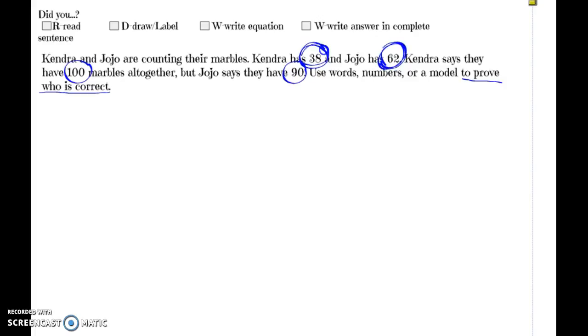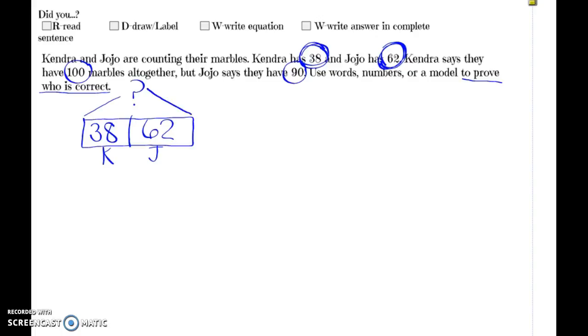I'm going to go ahead and draw a tape diagram to help me identify my whole and my parts of the problem. So I see that Kendra has 38 marbles and JoJo has 62 marbles, and they want to find out how many they have in all.